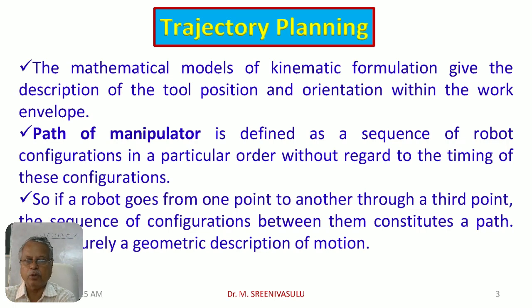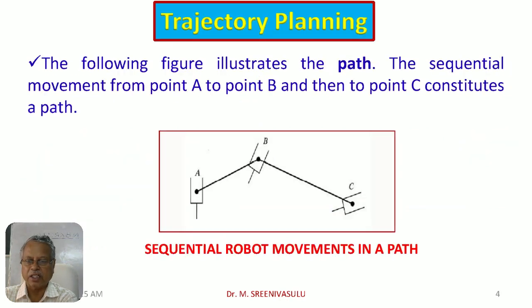So, whenever there is a movement from one point to the other, there will generally be some series of points or a third point through which the movement is going to proceed. So you are going to have different geometries, rather different locations. To get an idea of that, the figure shown in slide number 4 is going to be helpful for us.